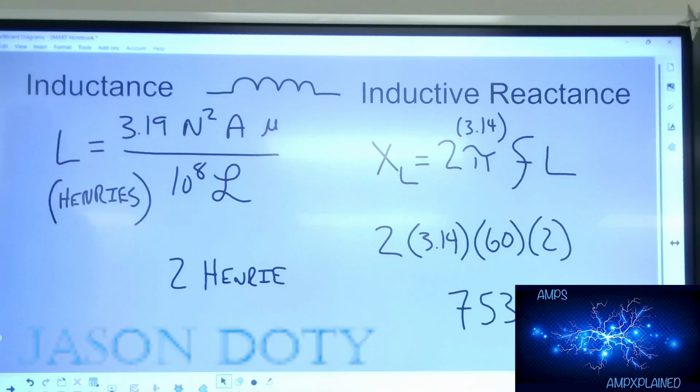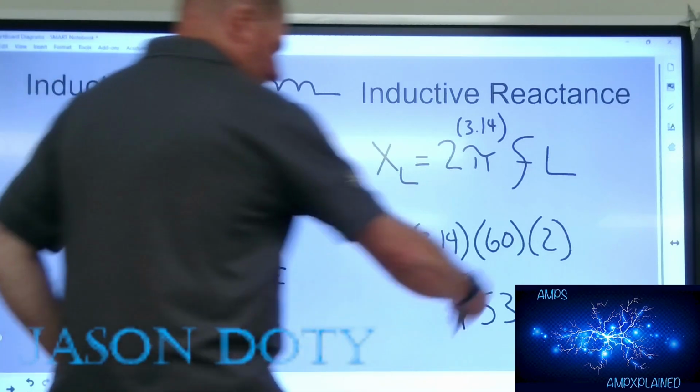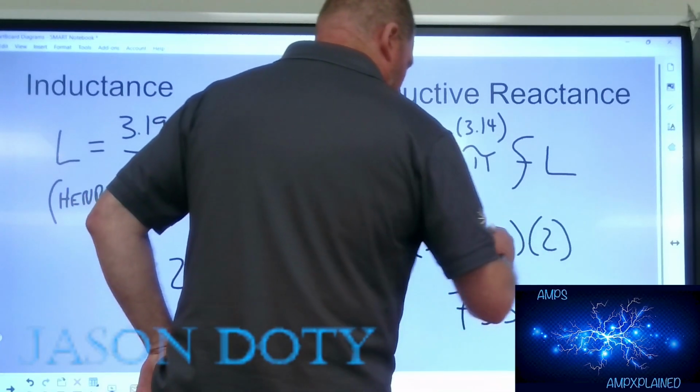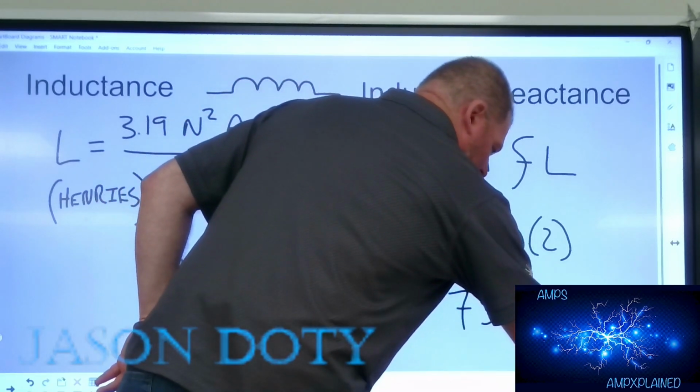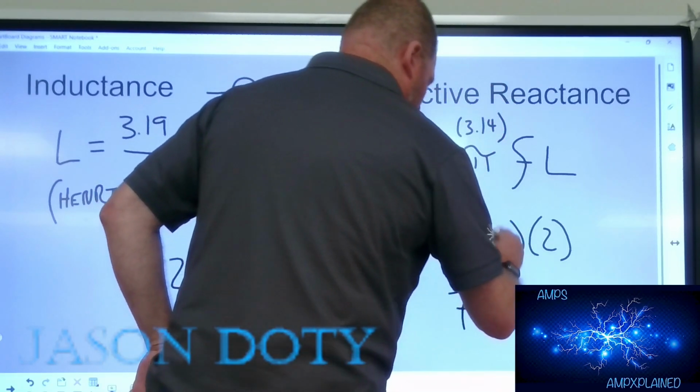This is where we can play around with this stuff. Say we, for whatever reason, increase the frequency. We're not at 60 hertz anymore. This was our 60. We're at 120 hertz.